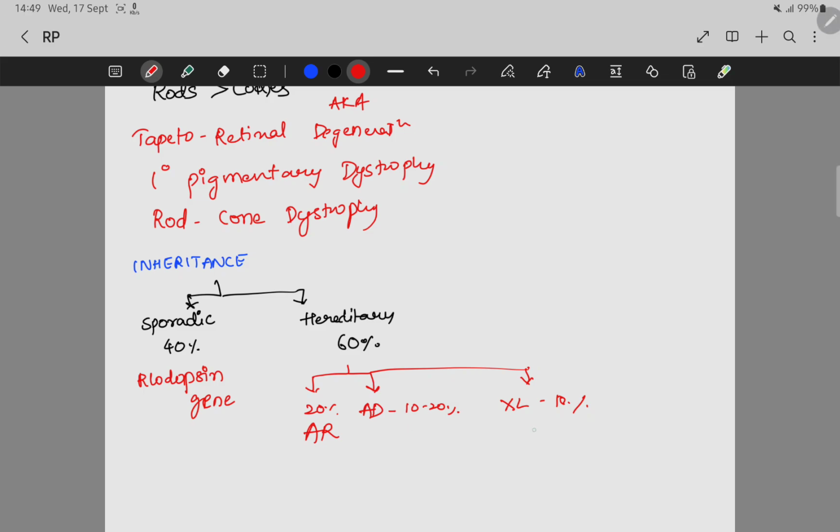It is least common but most severe. The autosomal dominant one has the best prognosis because it is least severe.